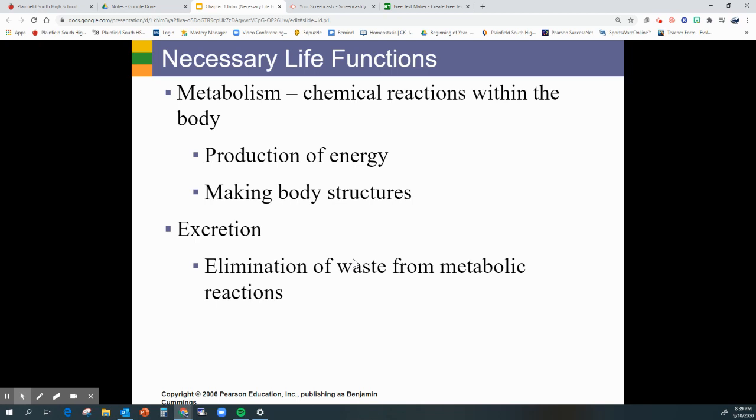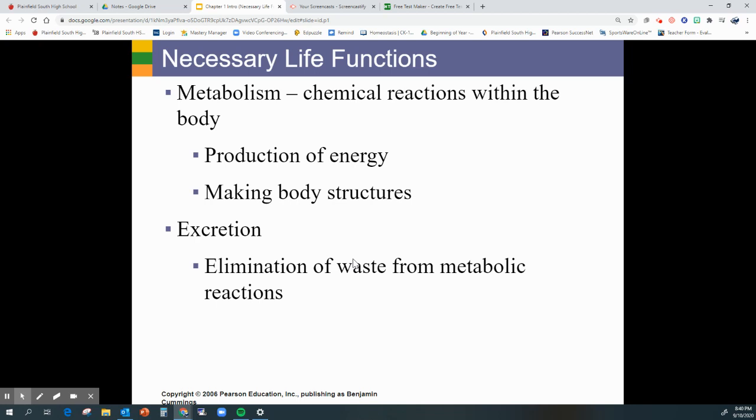These are doing 2 things for us: not only producing energy, specifically ATP, so that our cells can have enough energy to function, but also producing the necessary things that will help make body structures for us. We constantly are breaking down tissue, and we have to be able to replace that. So our metabolism helps break down those basic nutrients that we bring into our body into their base elements so that we can use them to remake tissue.